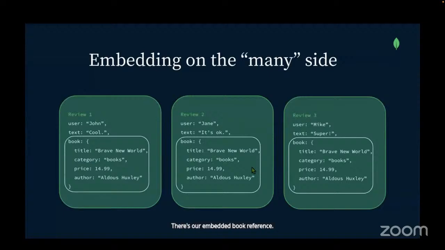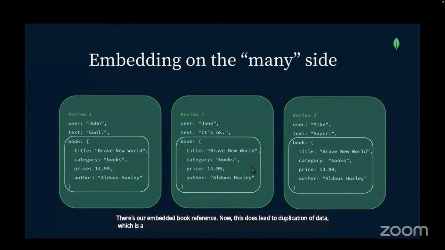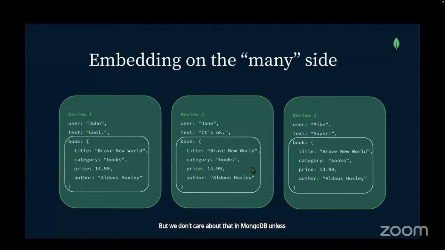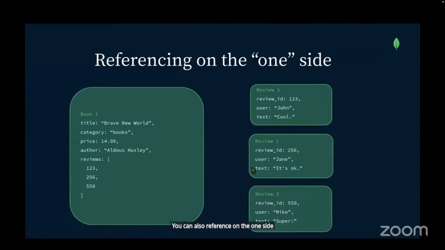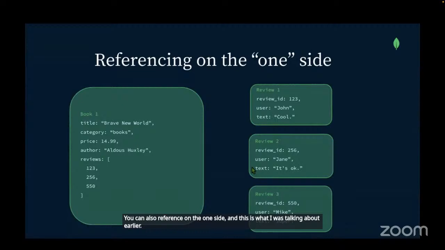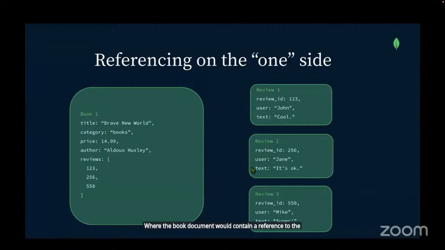Now, this does lead to duplication of data, which is a giant no-no in the tabular world. To normalize data is to reduce duplication, but we don't care about that in MongoDB unless it impacts our performance requirements. You can also reference on the one side, and this is what I was talking about earlier, where the book document would contain a reference to the reviews collection. So here on the one side, we have the book, which has a many side, which is a review.